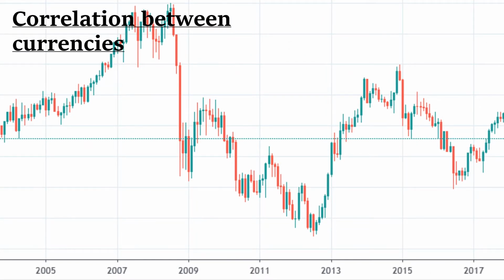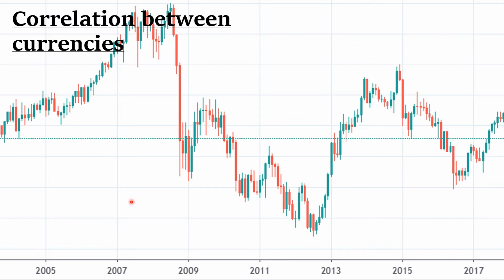The opposite of risky currencies are safe haven currencies, such as the Japanese yen, the Swiss franc, and to a lesser extent the US dollar. These currencies tend to rise in times of economic and political uncertainty, which is why they're called safe havens. So looking at this chart, this is the chart for the euro to the Japanese yen.